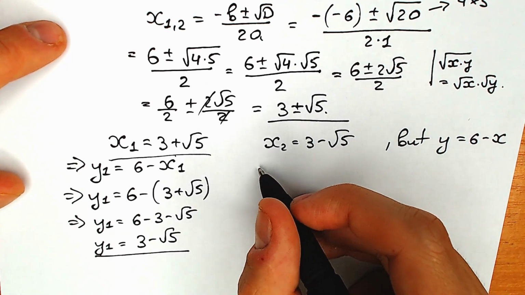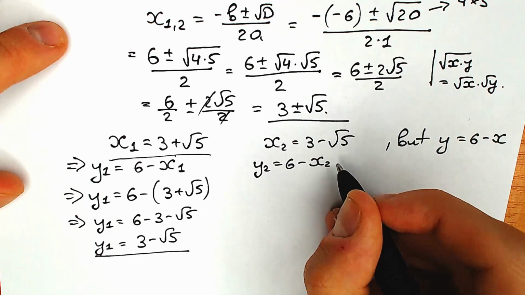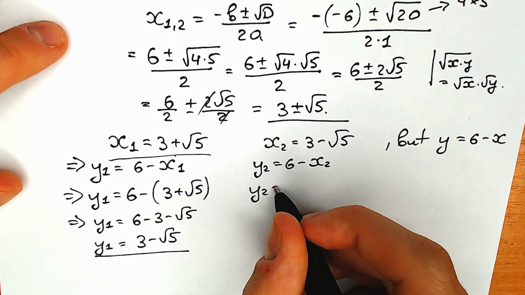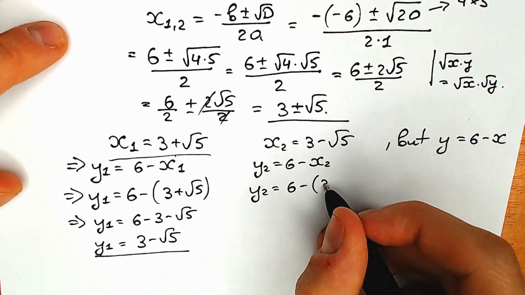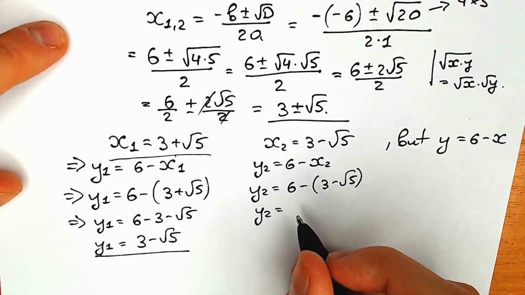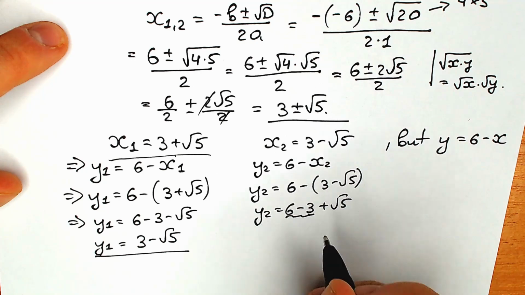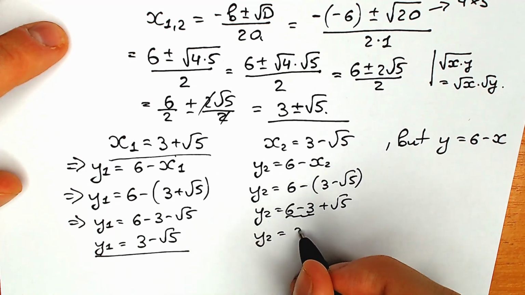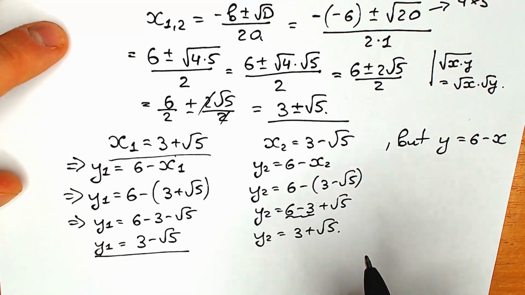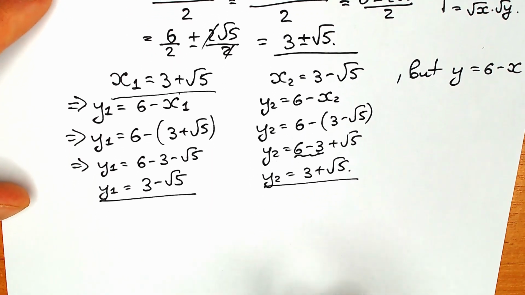And the second pair, so y second equal to 6 minus x second. So y second equal to 6 minus 3 minus square root of 5. And right here we have y second equal to 6 minus 3 plus square root of 5. So 6 minus 3 equal to 3, so y second equal to 3 plus square root of 5. So we have our pairs, and right now let's write it and check our pairs real quick.